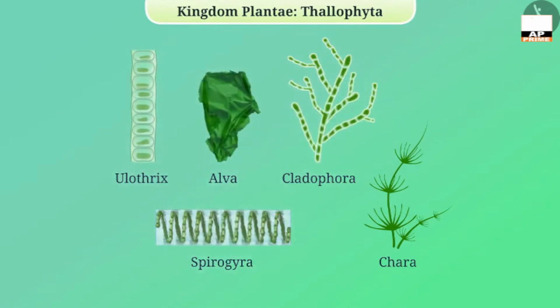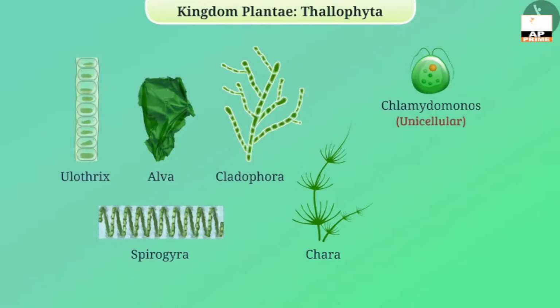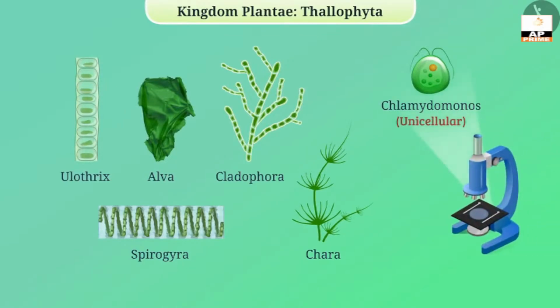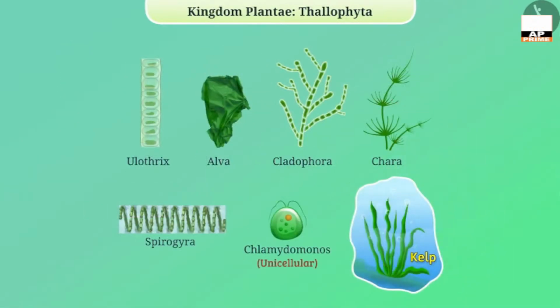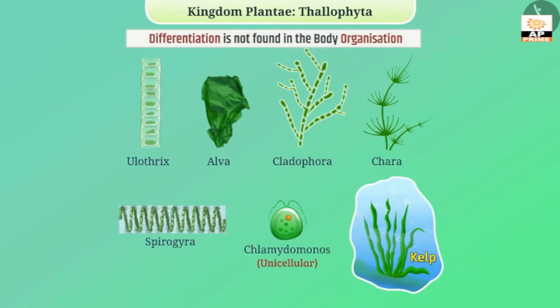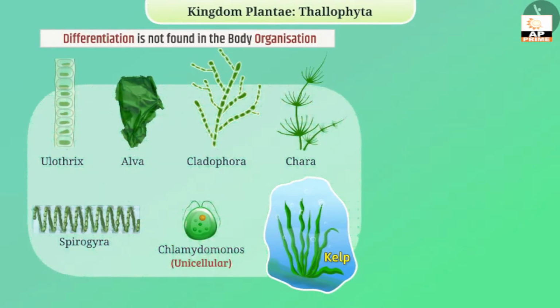Some organisms, such as Chlamydomonas, are unicellular, which requires a microscope to view them, whereas some organisms, such as kelp, are very large. Differentiation is not found in the body organization of these plants. That is, parts like roots, stem, leaf are not developed in them. All the plants in this group are commonly called algae.